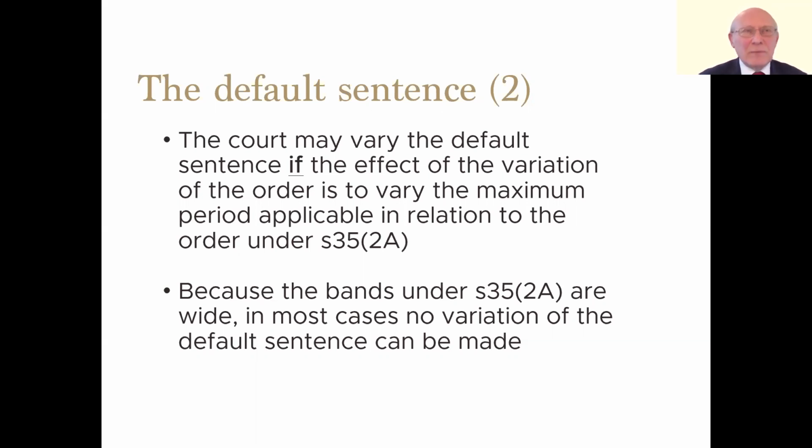If we're now saying that the amount he is required to pay is £450,000, well, you would expect a much heavier default sentence, but the court can't do it. And the reason is that we're still in the same band. So subsection 1B of Section 39 is not satisfied. We're not in a different band. And so the court cannot vary the default sentence when it varies the amount required to be paid.